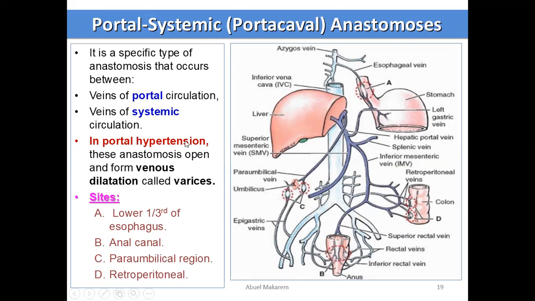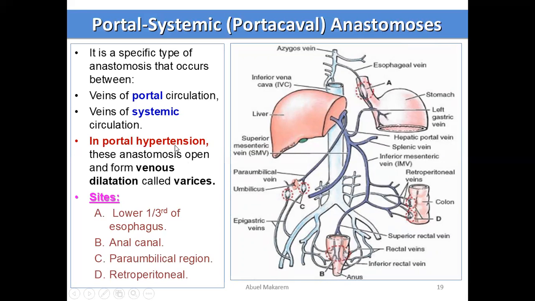That is called portal hypertension, and it leads to reverse flow of blood towards the anastomosis, where the systemic esophageal veins anastomose with the portal vein. The lower part of the esophagus and the anal canal are all sites of portocaval anastomosis. So if there is pressure within the portal vein because of liver pathology, like cirrhosis of the liver and other conditions, it leads to backflow of blood, and these sites become varicose and there can be severe bleeding through them.